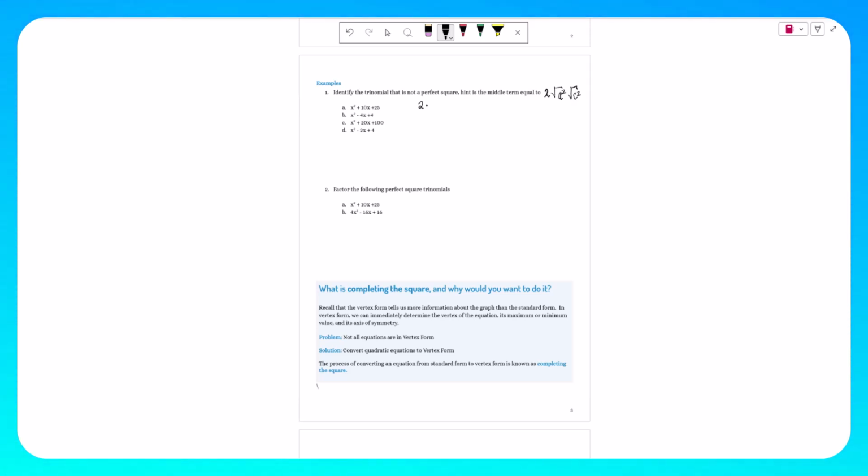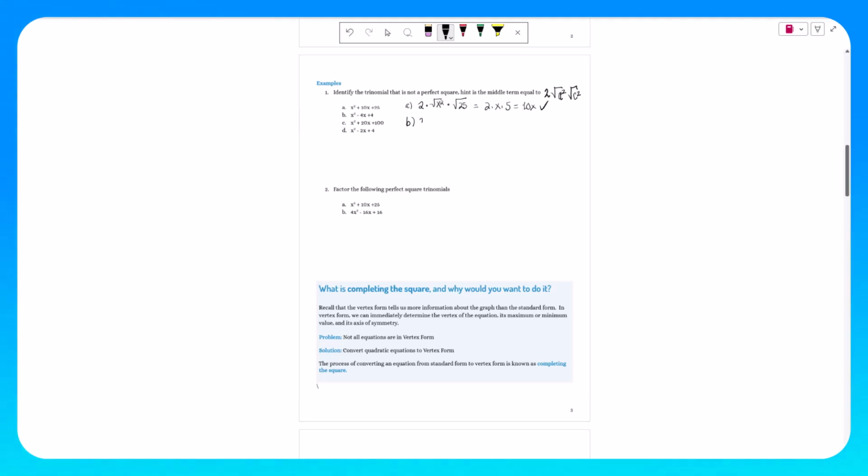So for this one, a, I'm going to say 2 times the square root of x squared times the square root of 25. Well, that gives us 2 times x times 5, which gives us 10x, which means this one works. Let's look at the next one. For this one, we get x squared minus 4x plus 4.